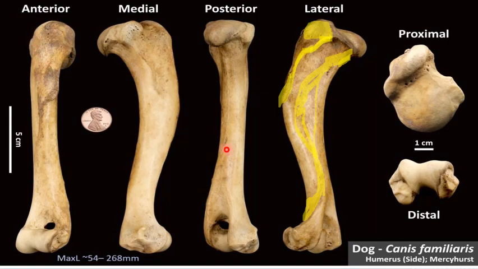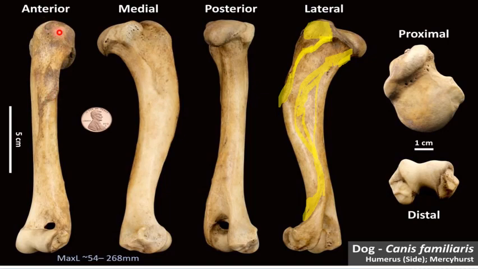The proximal part of the cranial surface of the humerus starts from the crest of the greater tubercle. This is the greater tubercle, this is the crest of the greater tubercle, this is the tricipital line, and this is the deltoid tuberosity.